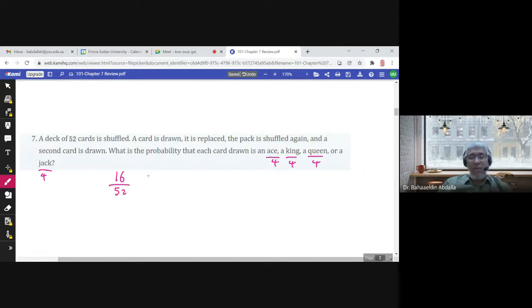And now the second card, so I multiply. What is the probability that the second card is one of these? Again, 16 over 52, because the first card is replaced. So you put it back. So the number of cards will remain 52, and the number of these will remain 16. So that's the answer.